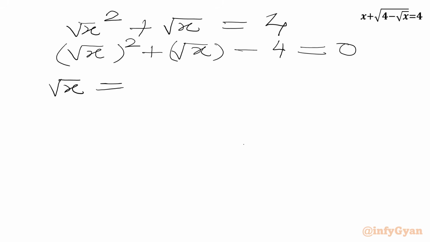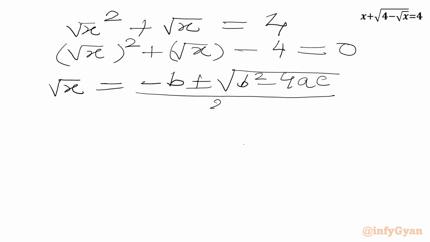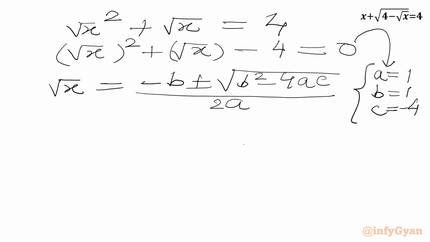As per the formula, minus b plus minus square root of b square minus 4ac over 2 times a. From our equation, if I write the values of a, b and c, then a is the coefficient of square root x whole square, which is 1. b is the coefficient of square root x, again 1. c is the constant, we'll write minus 4.